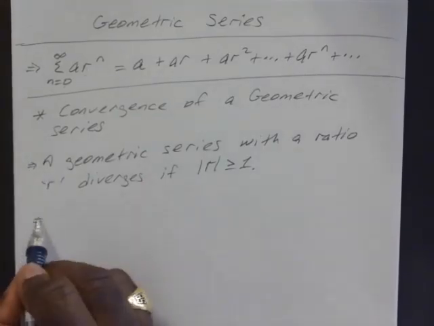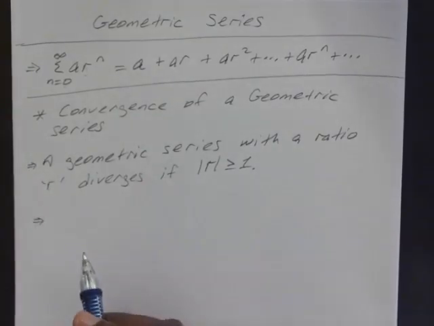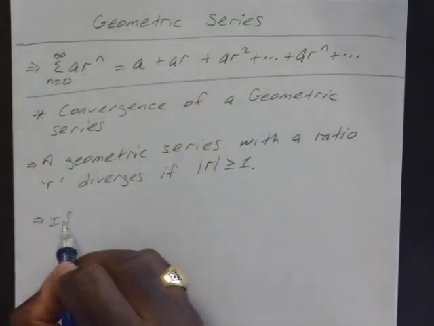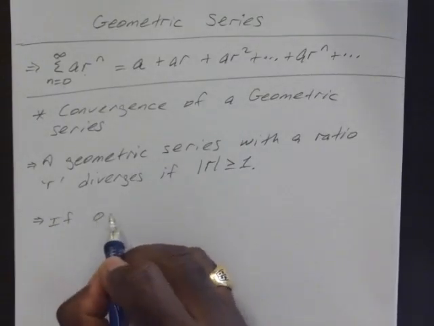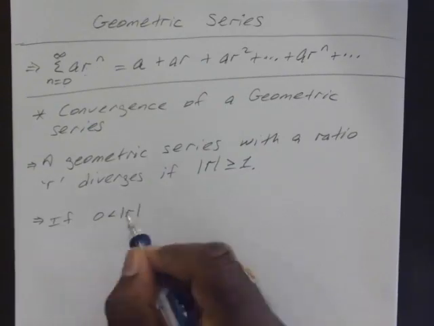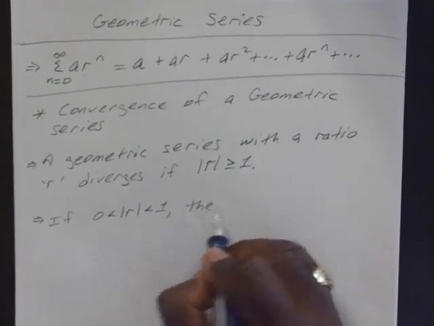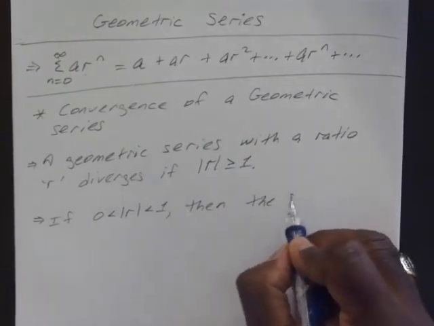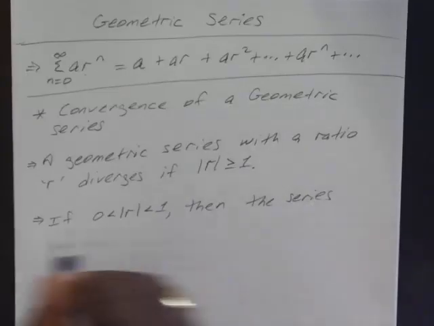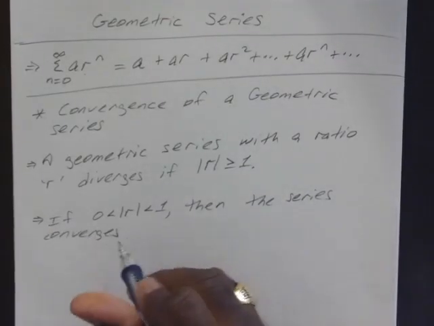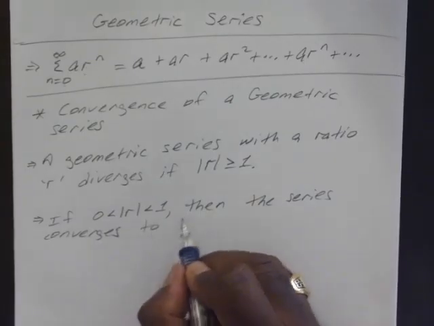Okay. Now, if that ratio happens to be between 0 and 1, then we know it converges. So if that absolute value of r is between 0 and 1, then the series converges, and it converges to a specific sum.